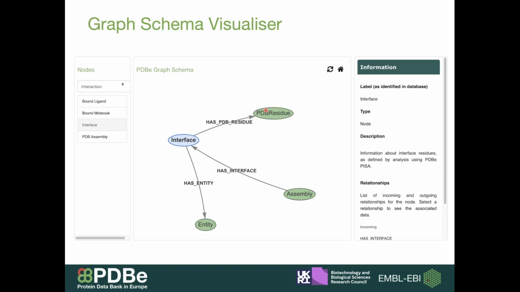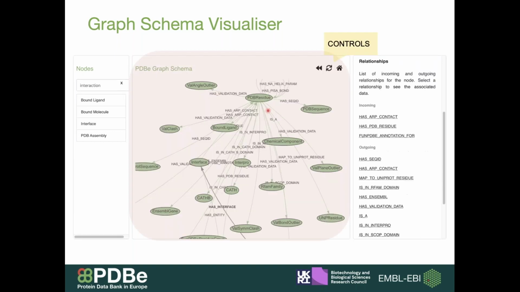For that, you can click on the PDBe residue node in the visualization component, which expands the view by displaying its connected nodes and relationships. So like this, you can drill down much further by clicking the nodes of your interest. At any point of time, you can always go back to the previous state by clicking on the previous button, which is part of the controls.